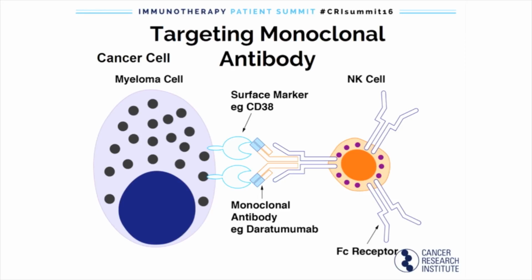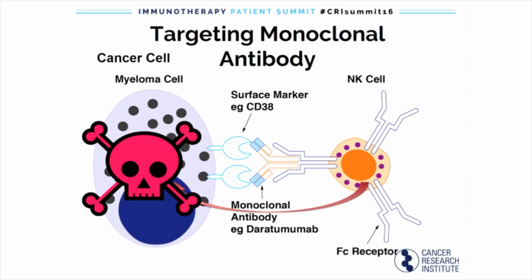So in this picture, you can see that the myeloma cell expresses CD38 on the surface. Daratumumab sticks to the CD38 and attracts natural killer cells to the tumors, and those natural killer cells can kill the myeloma cells. So targeted monoclonal antibodies are targeted to proteins or antigens that are expressed by the tumor cell. And that's a little bit different from the checkpoint inhibitors, which we'll talk about in a moment.